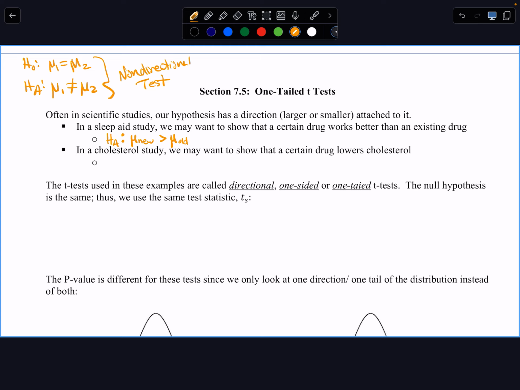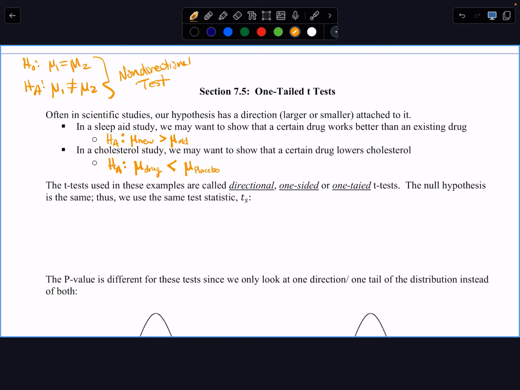All right? The second example, we have a cholesterol study. We may want to show that a certain drug lowers cholesterol, all right? Well, if it lowers cholesterol, then the mean for the individuals who are getting that drug should be less than, they should have a cholesterol that's smaller on average compared to people who, let's say, may get a placebo, right?